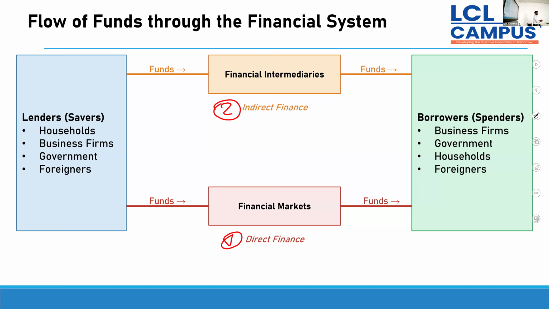Intermediaries means someone is there in between you and the financial markets. Clear? So this is the financial system. Now you go to this definition.